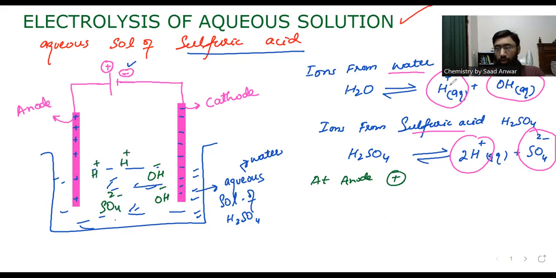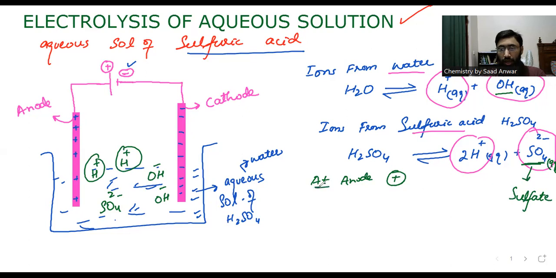I am getting hydrogen ions from water as well as from sulfuric acid. I am getting hydroxide ions from water, and I am getting sulfate ions from sulfuric acid. So in my solution, I have a lot of hydrogen ions, hydroxide ions and sulfate ions.